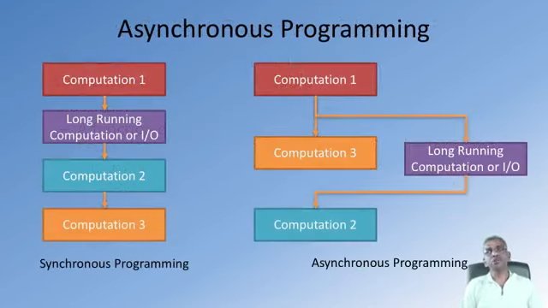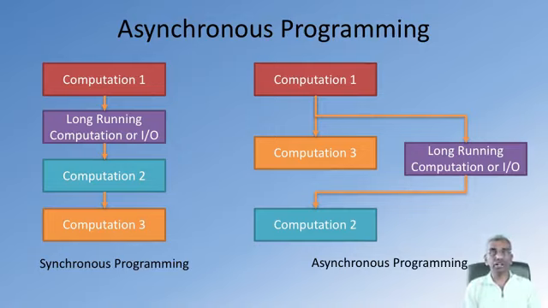If you are used to the standard way of writing applications, then you are familiar with synchronous computation, where you specify your computation as a set of steps to be done one after another. Now, if you organize your computation as shown on the left side of this slide, we have computation 1, followed by a long-running computation, followed by computation 2 and computation 3.